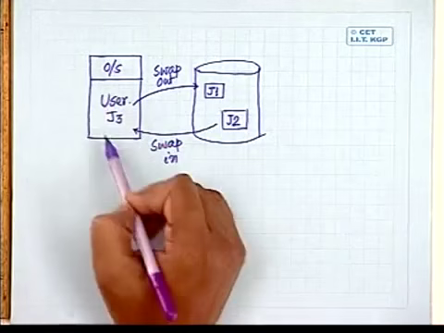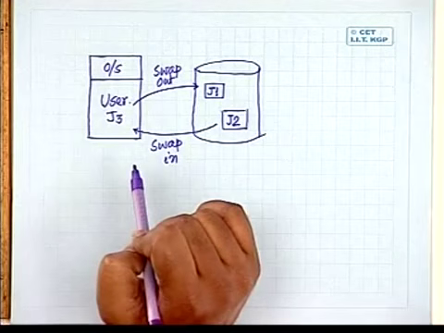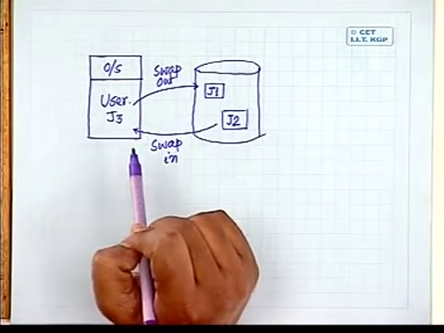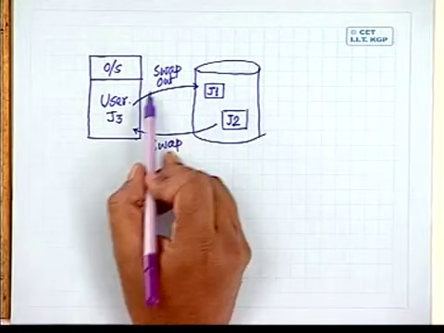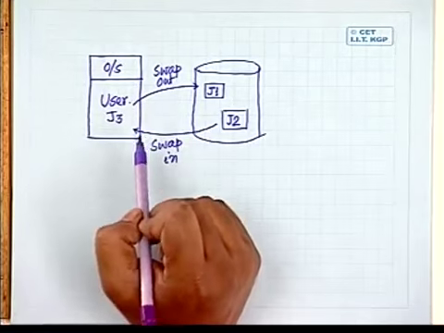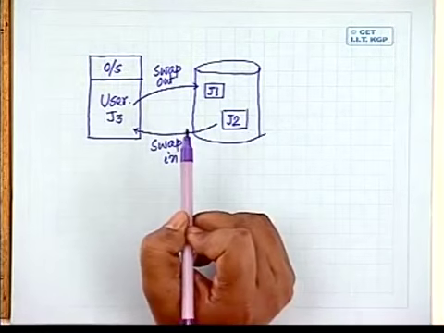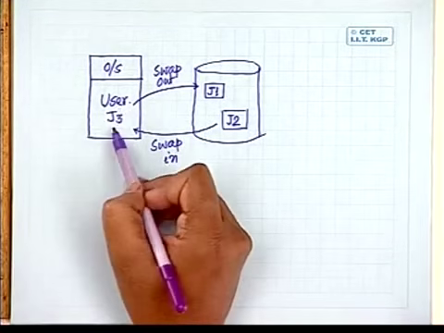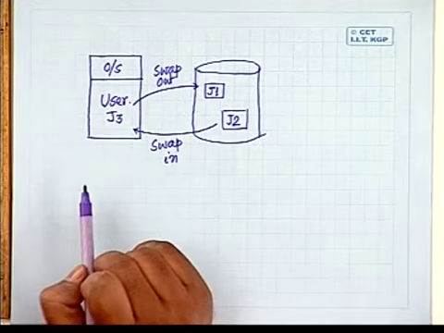So if I have a multi-user system or multi-programming system with this model, you'll find that even if we are trying to go for multi-programming to increase the CPU utilization or the CPU efficiency, because of these IO operations, the CPU efficiency will not be as high as we expect. Until the swap out and swap in operation is complete, the CPU cannot start the next job. So still the CPU utilization will remain poor.